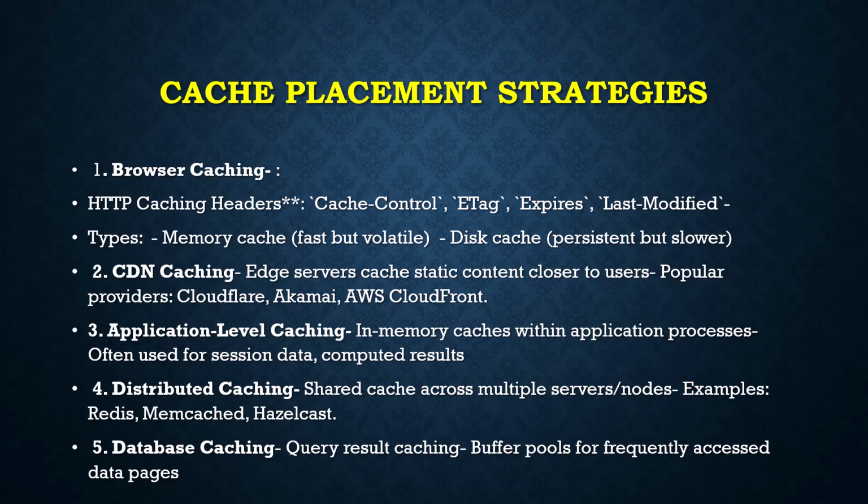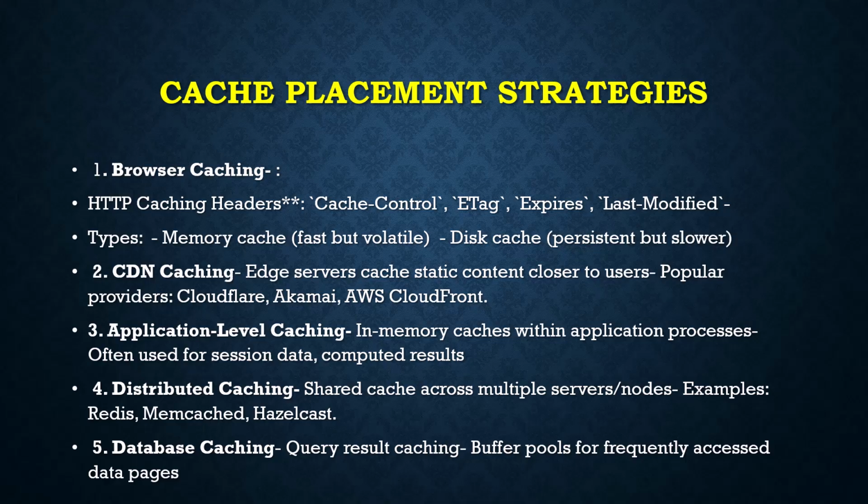Let's take a look at two, CDN caching, in other words, content delivery networks caching. This stores files on edge servers near users. As you can see there, it says edge servers cache static content closer to users.